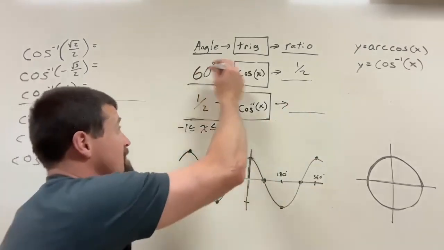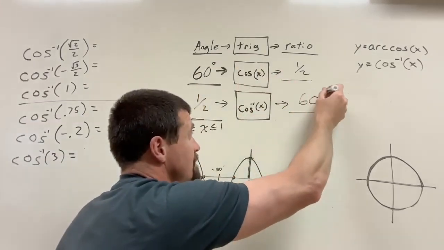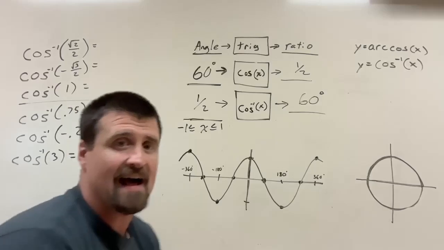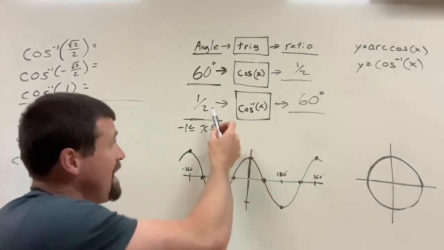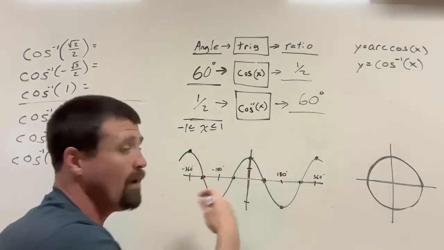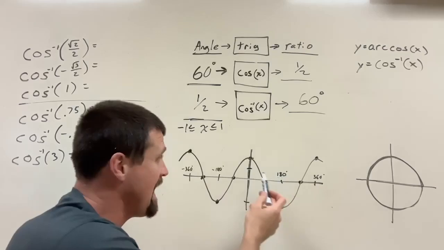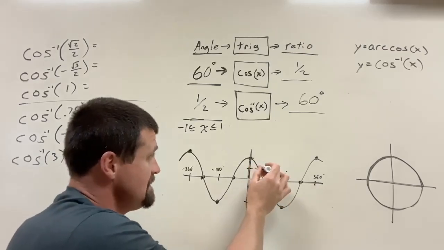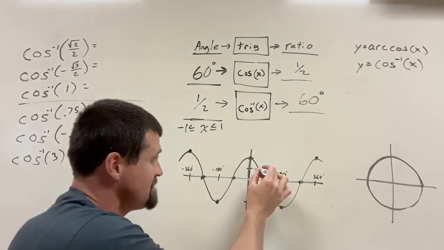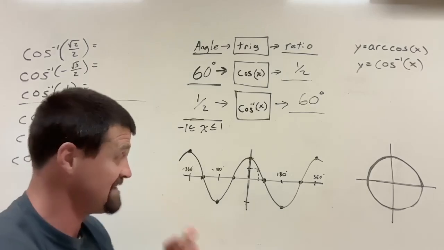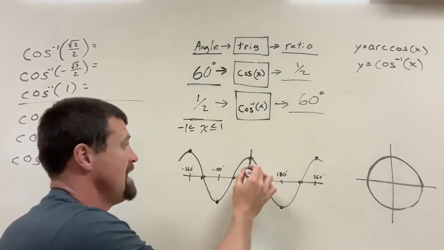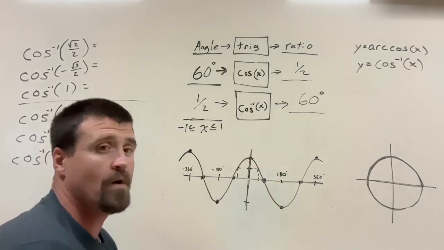I'd really like for it to give me this 60 degrees. But if I picked a y value of 1/2 here and asked what angles give me 1/2, then yeah, 60 is right there. 60 would give me 1/2. But that's not the only one. -60 would as well.